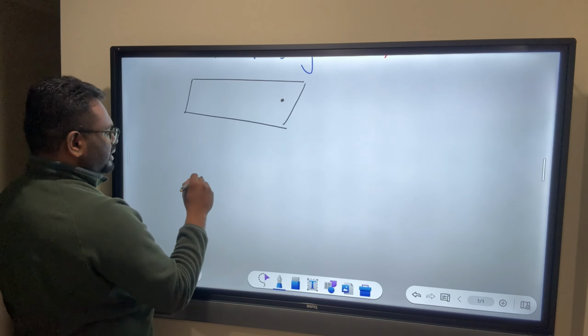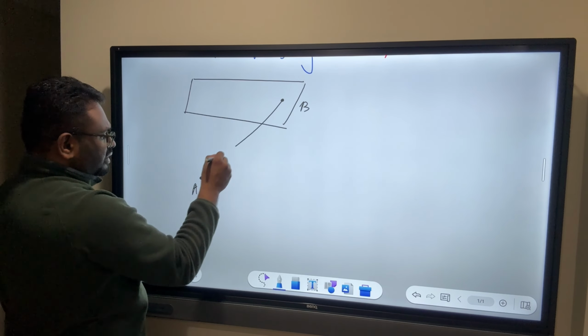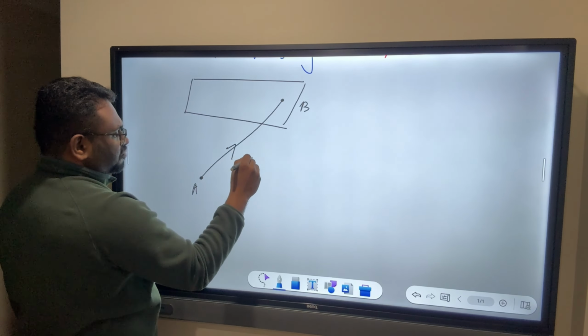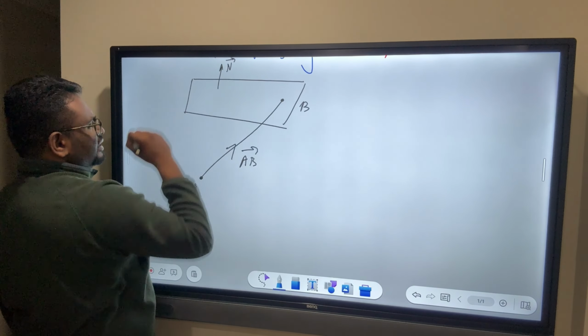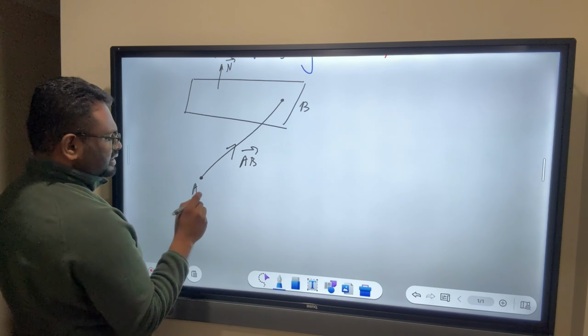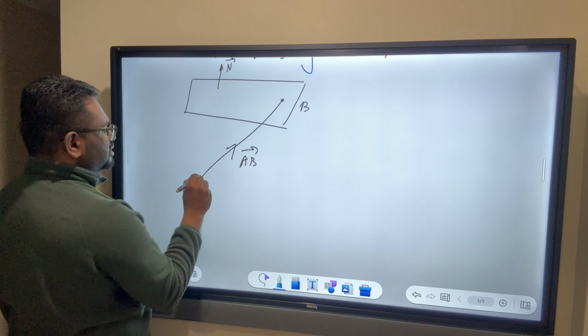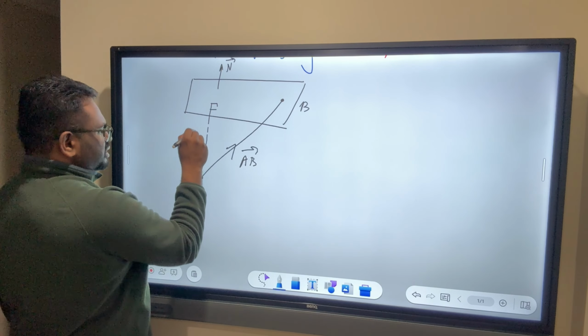Suppose this is A and B, then this vector is going to be the AB vector, and the normal is the N vector, right? So I need to find the shortest distance from this point to the plane. So that means this: the shortest distance h.